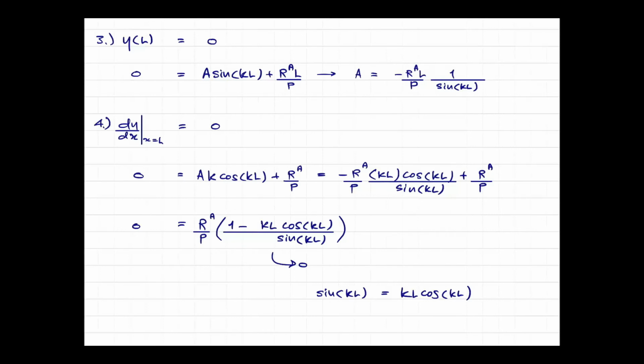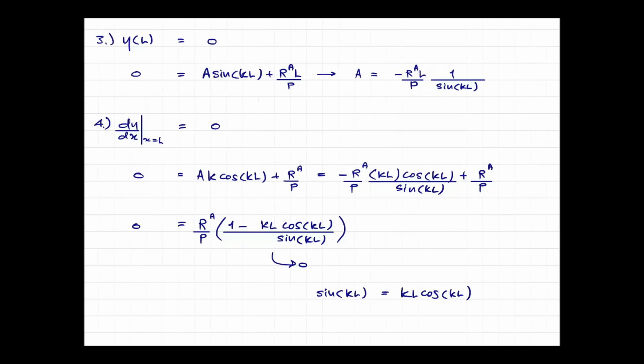To solve for this, again, come back to Excel and construct two columns. The first column is the kL value, vary it. Second column, the function value.